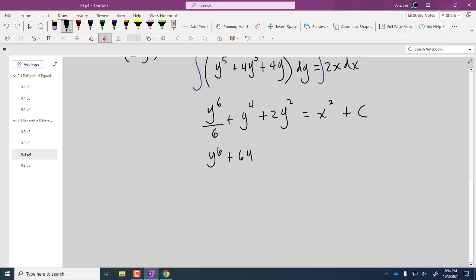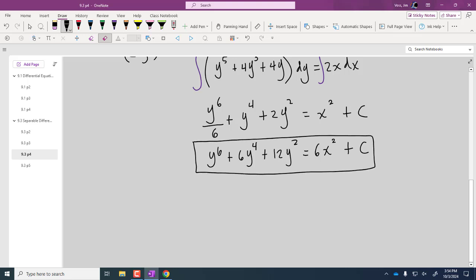So we're going to multiply through by 6, clean it up just a smidge. That constant will just absorb that multiplication by 6. And that will be our general implicit.